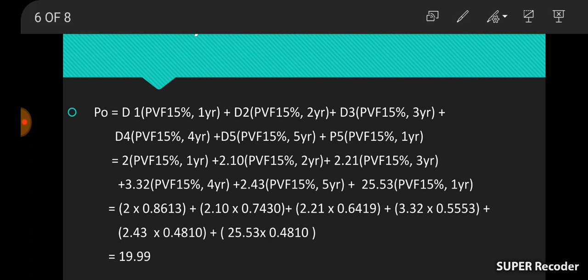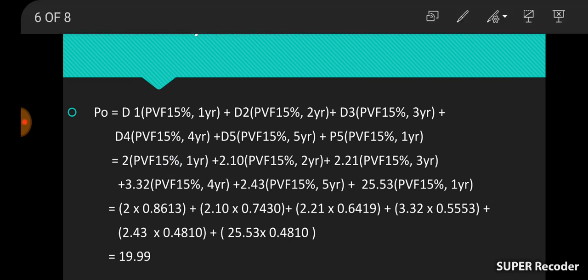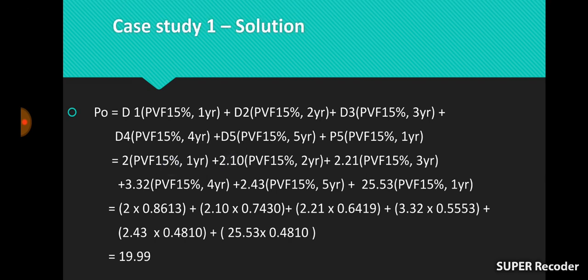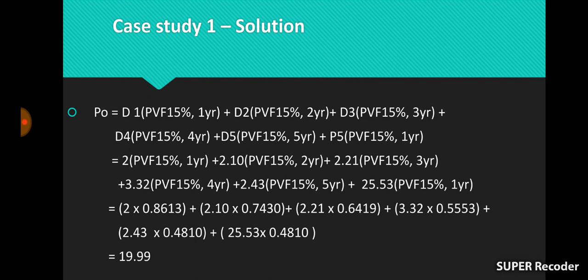That's equal to: the first year's dividend is 2, so 2 into the present value factor, and the second year's dividend is 2.10, then the third year's dividend is 2.21. So we are multiplying all dividends with the corresponding present value factors, and we get the present value factors from the table.